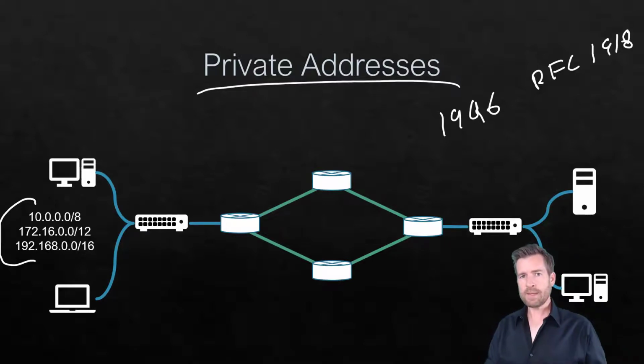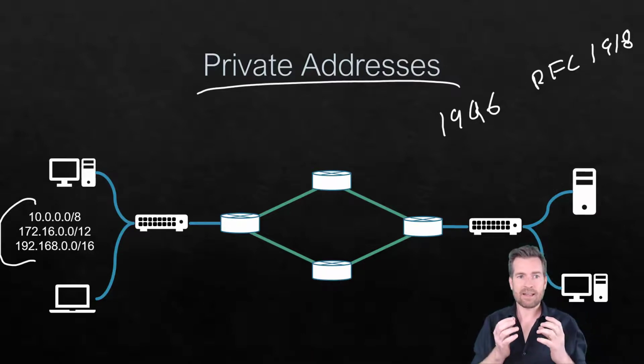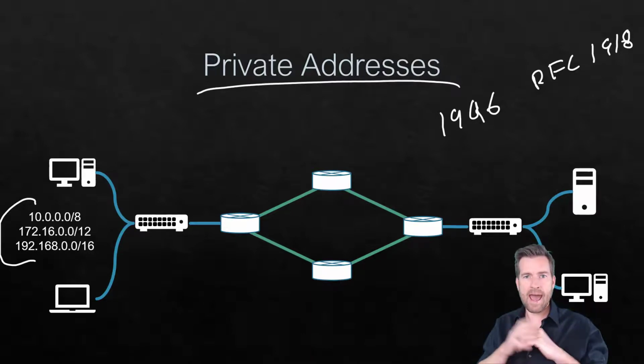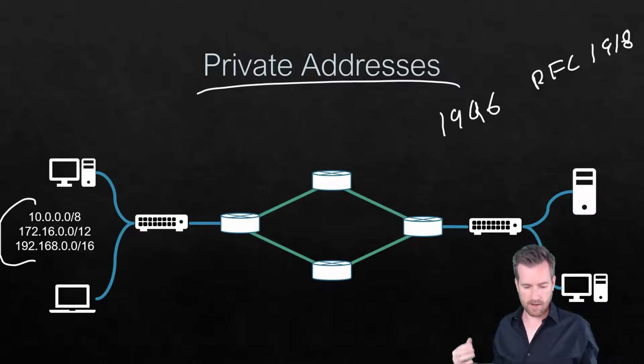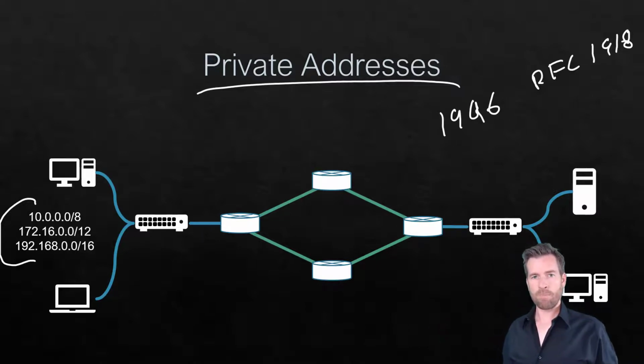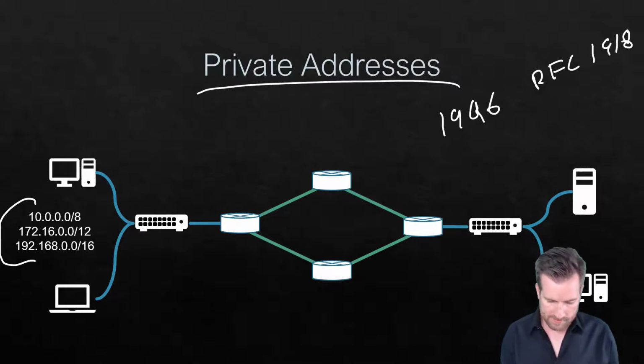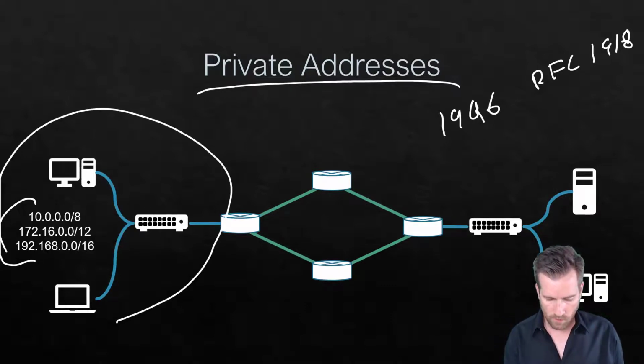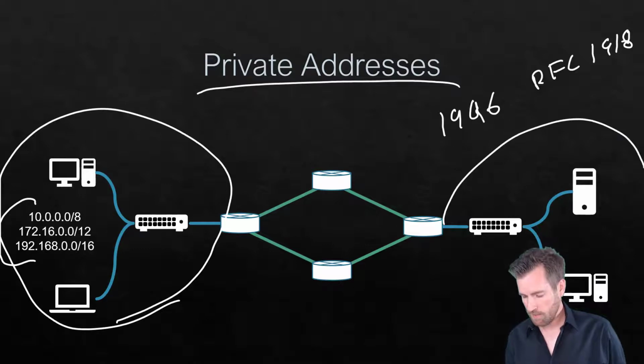Now, the idea behind this is a private address is something that you can set up anywhere, as long as it doesn't get out to the internet. And so we're going to say that this is my home network right here, and this is my company's network.